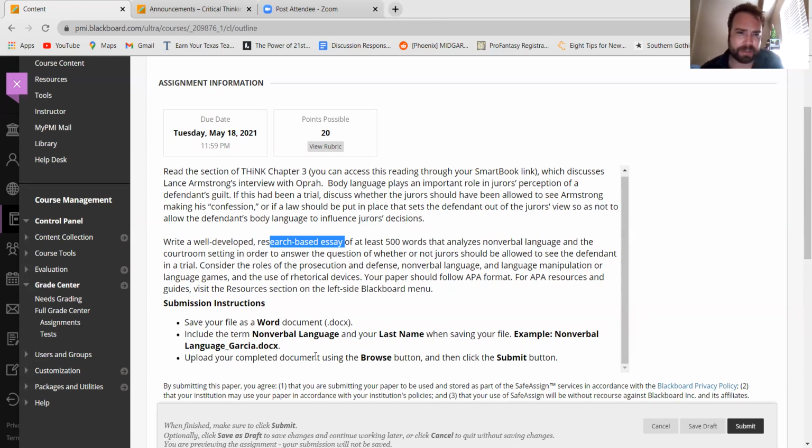Or is he nervous because he's on trial in the first place? Is he nervous because there are people watching him and it's a stressful situation? Could you tell? Is the average juror so good at analyzing nonverbal language that they can figure out what it means?